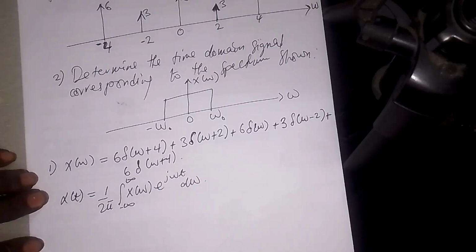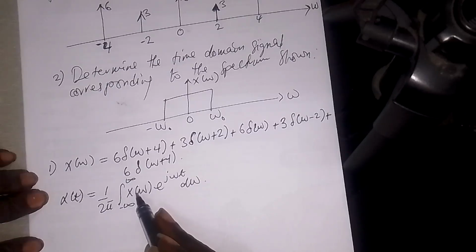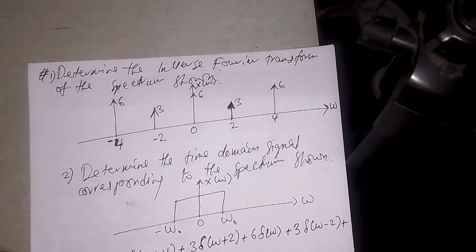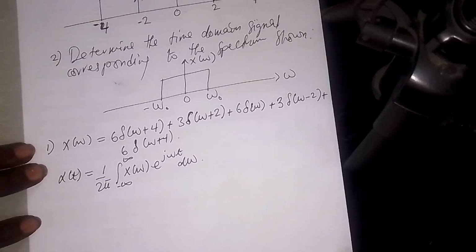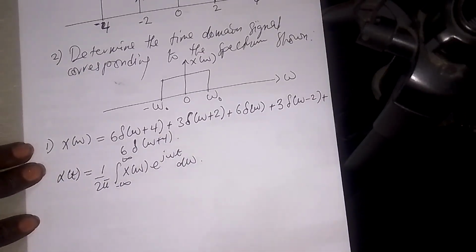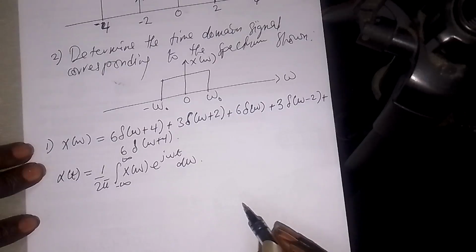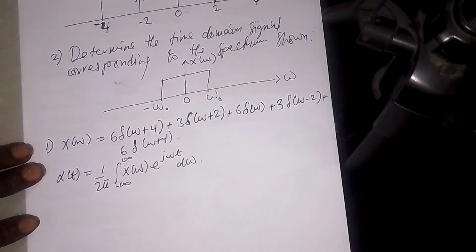When it is an impulse signal, X of omega normally becomes a constant, like 6, 3, 6, 3, 6. I can still maintain it, but let me take one of the signals and represent it, then I do it for the rest.